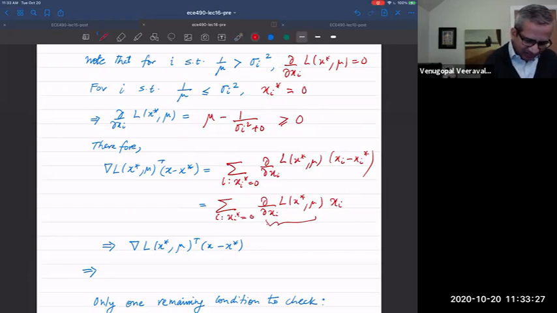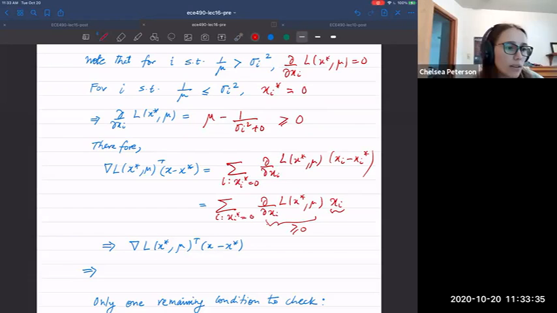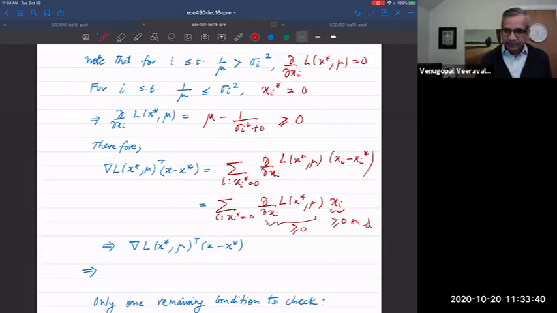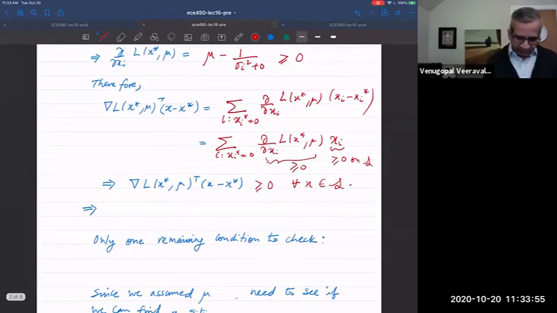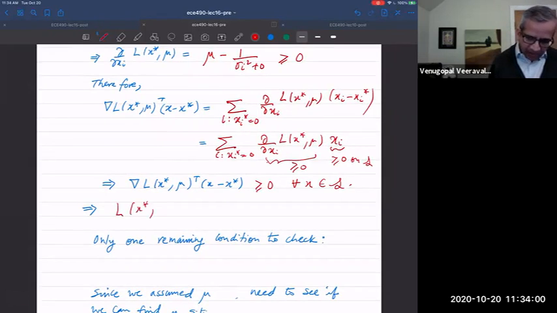And what about xi? Also non-negative, we know that on the set S. So the dot product is also going to be non-negative for all x in S. So we showed the necessary and sufficient condition for x star to minimize L. So this means that L of x star, mu is the minimum.